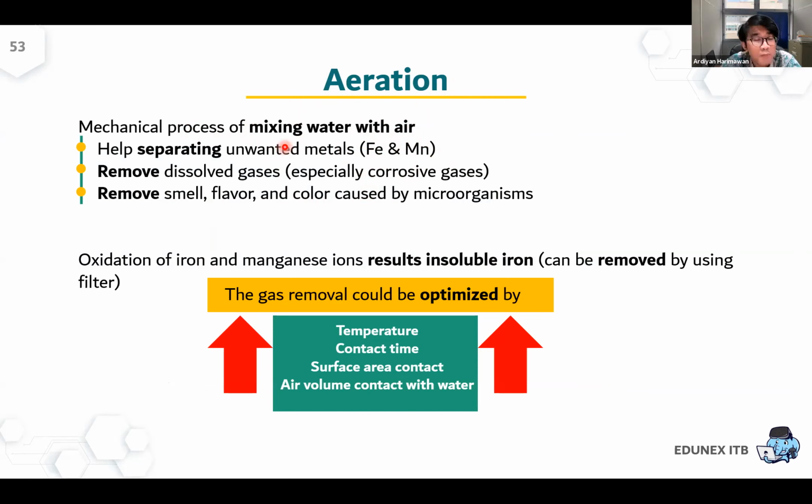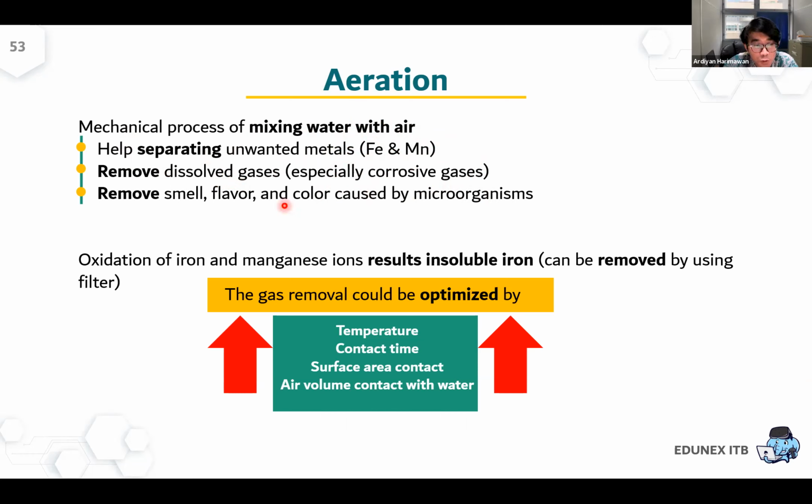Eventually you provide more oxygen from the air, and then the oxygen can oxidize the iron or manganese. Then it will precipitate. Also, by doing the aeration, it helps remove gases, especially corrosive gases like hydrogen sulfide. So it will be purged out by the air.